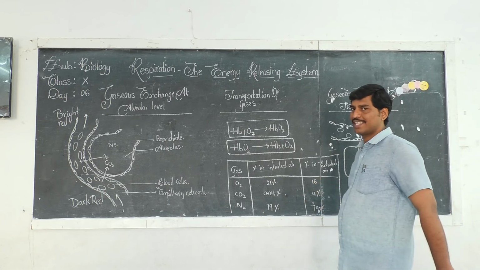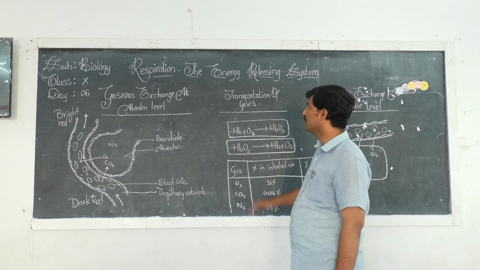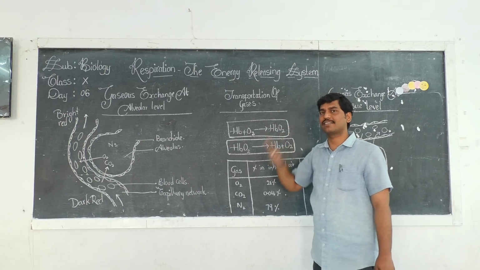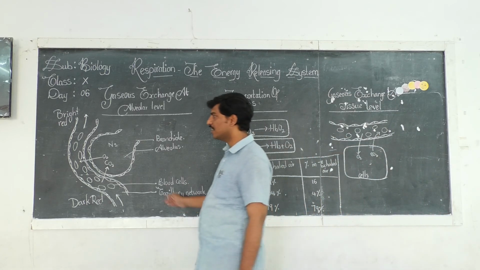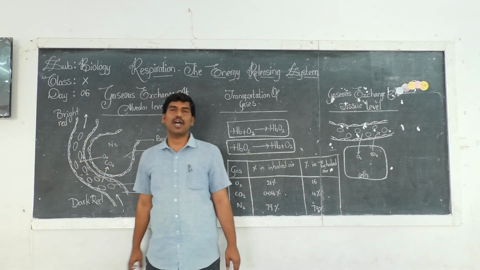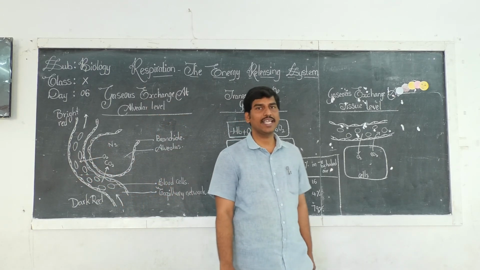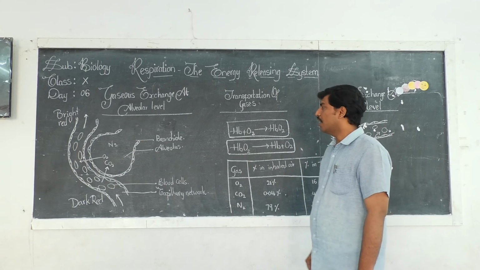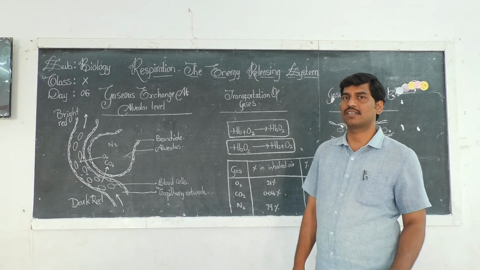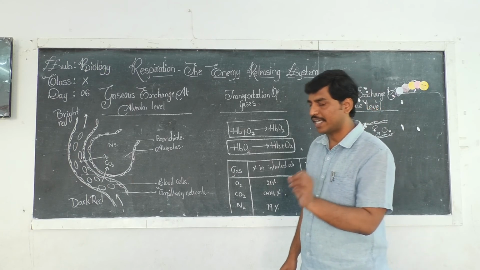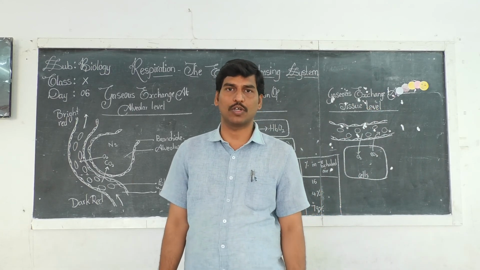Then the third stage is about transportation of gases by blood. Now oxygen has entered into the blood. How is this oxygen carried? The blood contains a pigmented protein called hemoglobin.